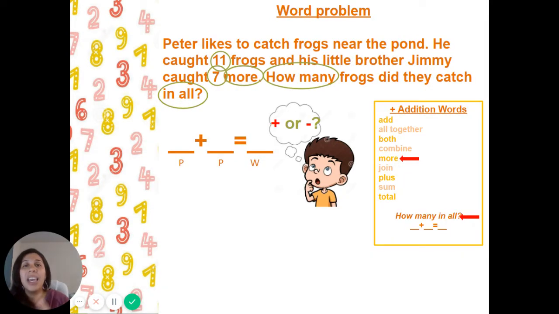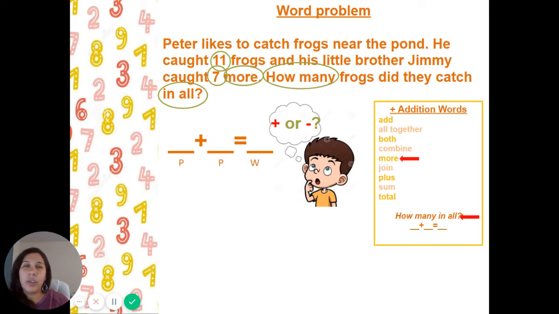Remember, the whole is always the greatest number. So if we have the parts here, we are going to find a new number that is going to be greater than any of the two numbers that we already saw. Greater than 7, greater than 11. Okay? So now we know that this is an addition problem.